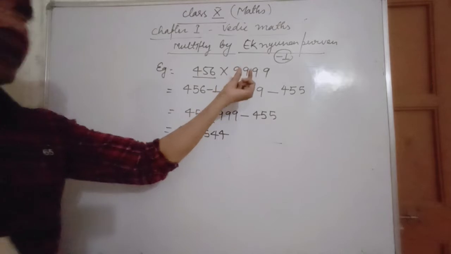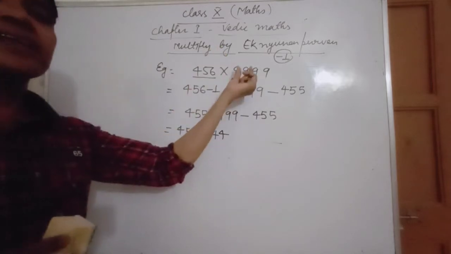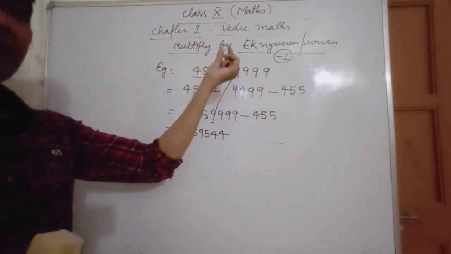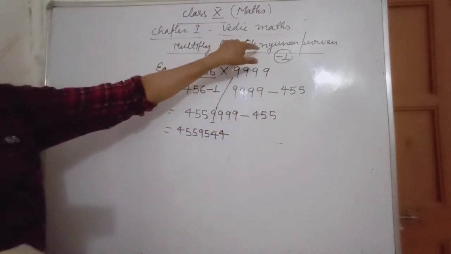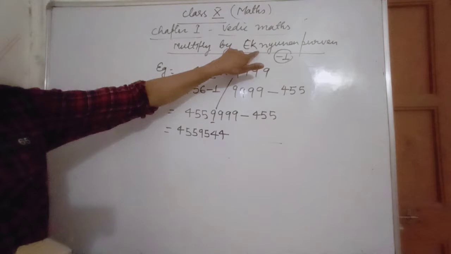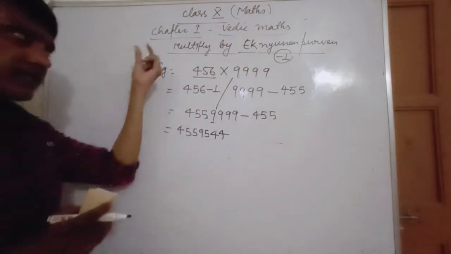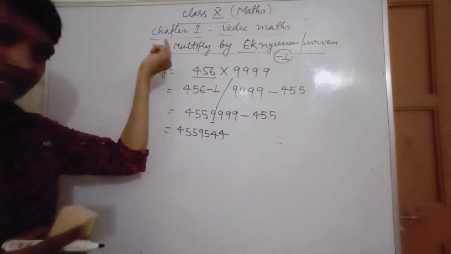This method is applied for biggest digit numbers. If you want to multiply any number with a biggest digit number, at that time you have to apply the formula of एकन्यूनेन पूर्वेण. This is the second trick in your syllabus.